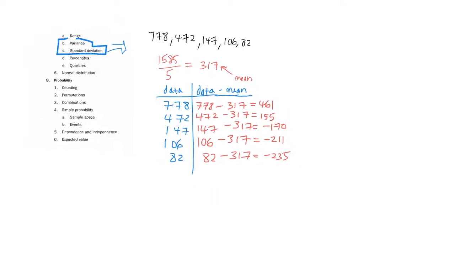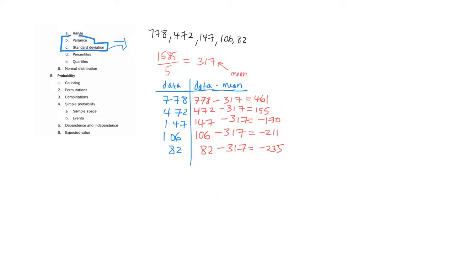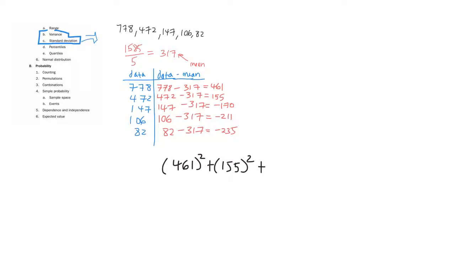So what we're going to end up with is this. We're going to have 461 squared plus 155 squared plus negative 170 squared plus negative 211 squared plus negative 235 squared.